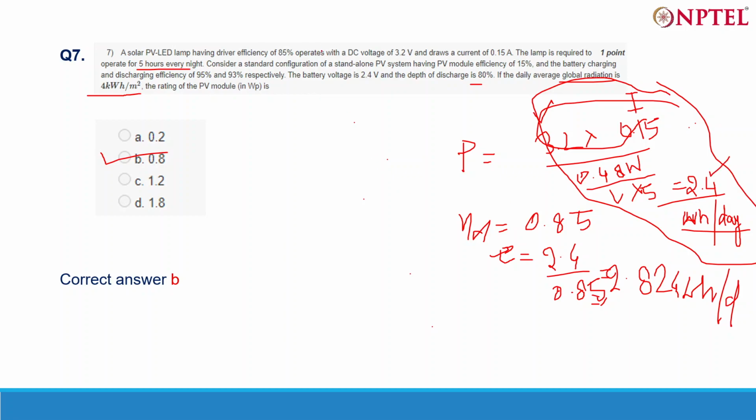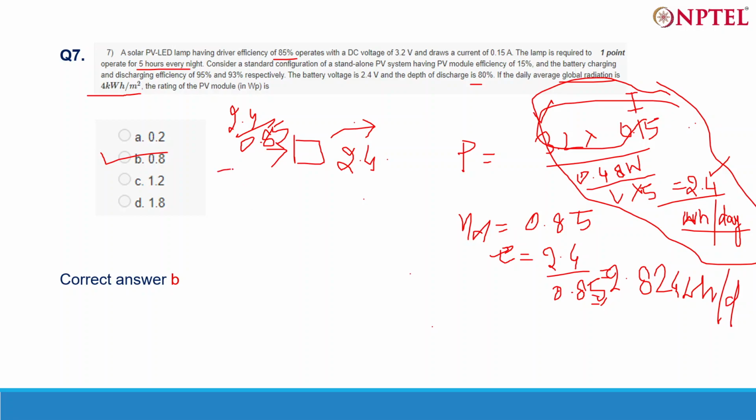Now the driver efficiency is given as 0.85. This is the power which is going to the bulb, and this is coming from some battery or a DC voltage device. So it has a driver efficiency of 0.85. This power is 2.4 here, so what should be the power input to this? 2.4 upon 0.85. Do you agree?